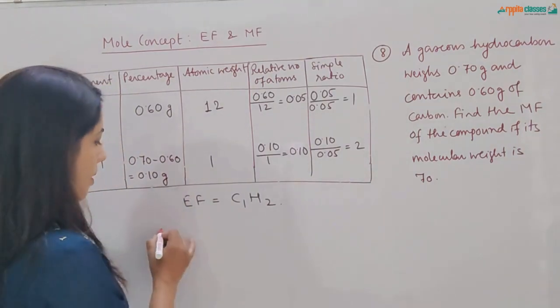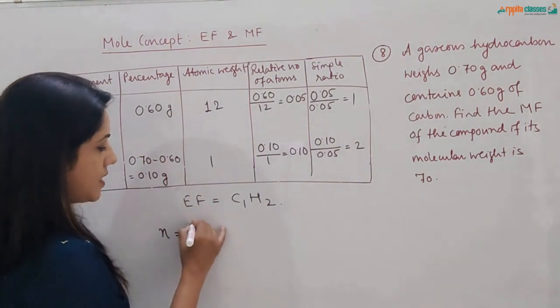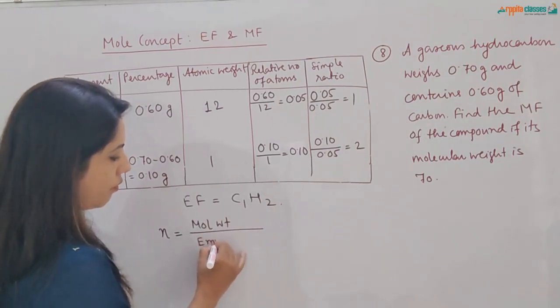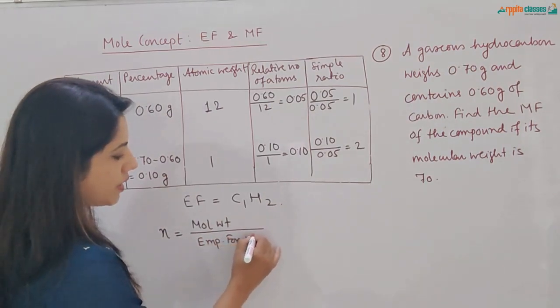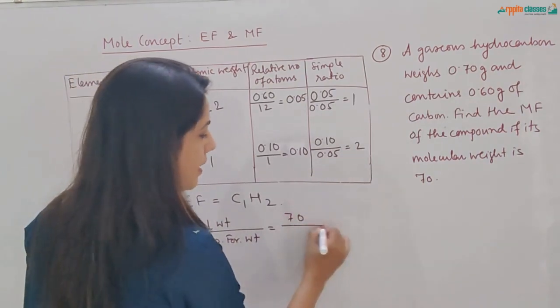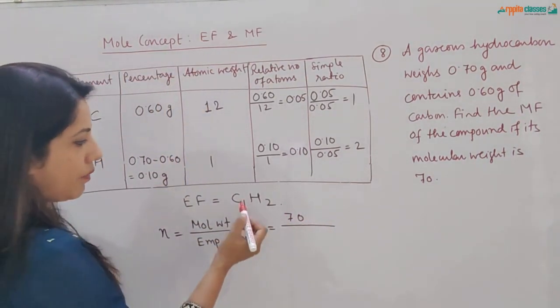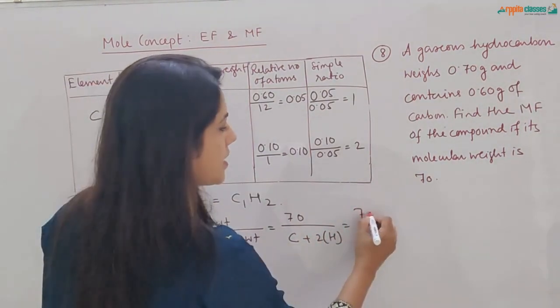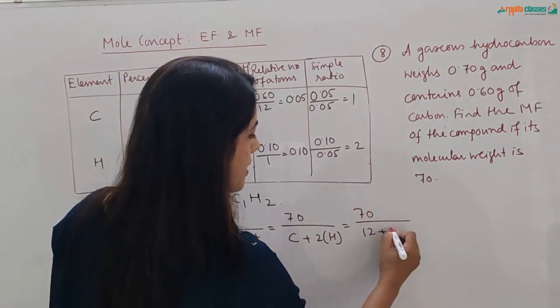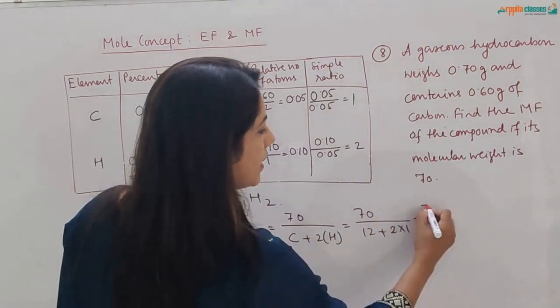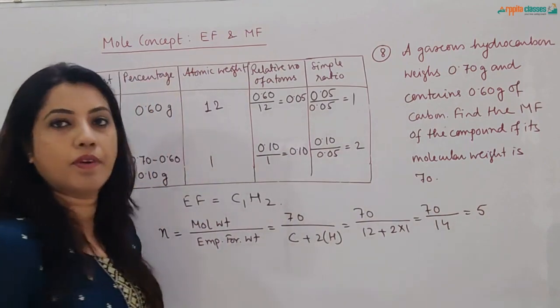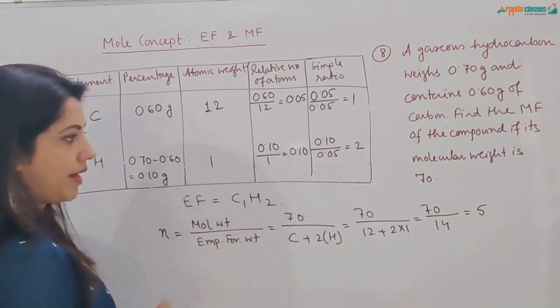So for the molecular formula we'll find out n, where n is equal to molecular weight upon empirical formula weight. Molecular weight is given 70, and empirical formula weight is weight of carbon plus weight of 2 hydrogen. So that's 70 upon 12 plus 2 into 1, that is 70 upon 14. So it is 5. So the value of n is 5.